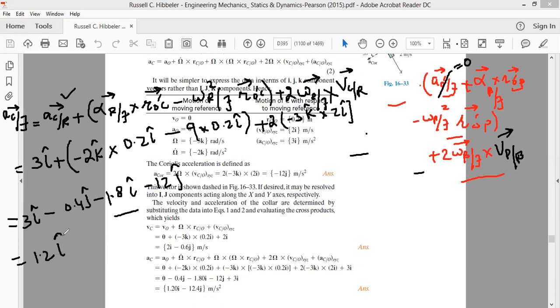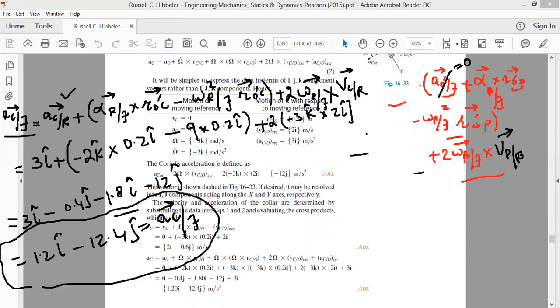Then we have minus 12 minus 0.4, that is minus 12.4 j cap. And this is equal to what? This is equal to acceleration of collar with respect to ground, and this is what we had to calculate.